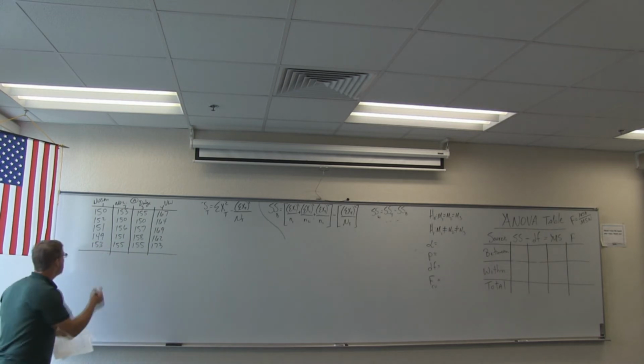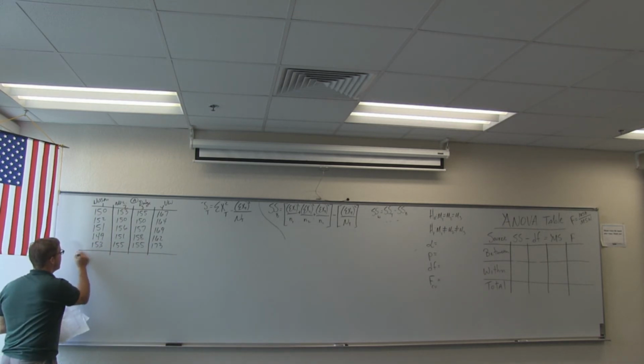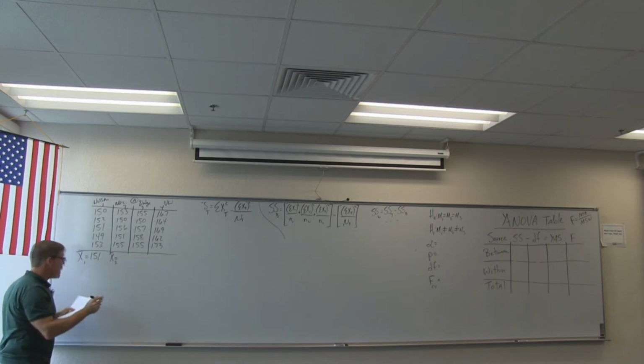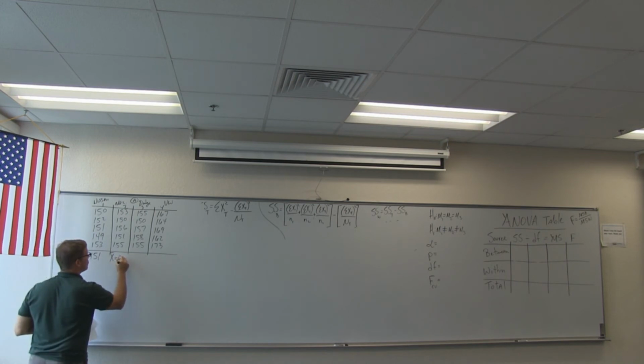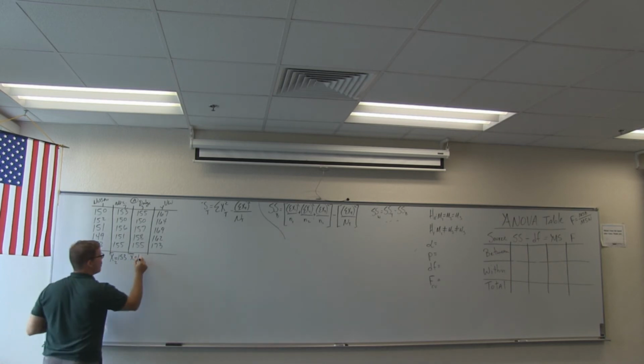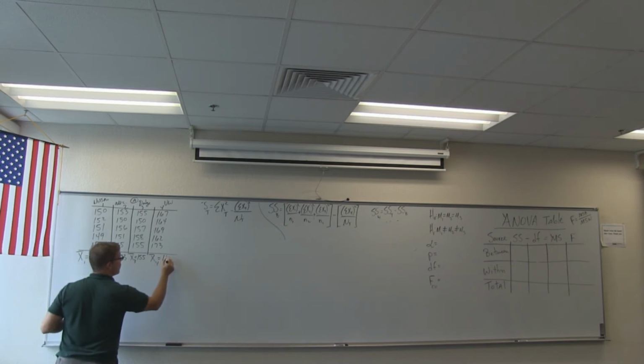Let's look at the means. The mean for Group 1 is 151. Group 2's mean, 153. The mean for Group 3, 155. The mean for Group 4, 167.